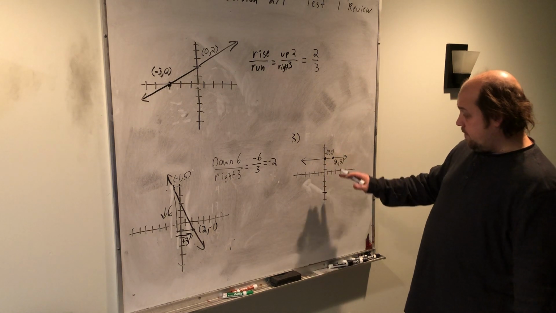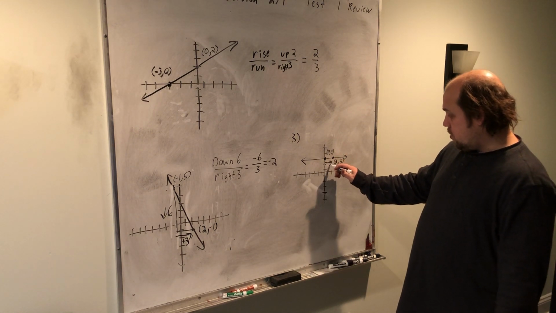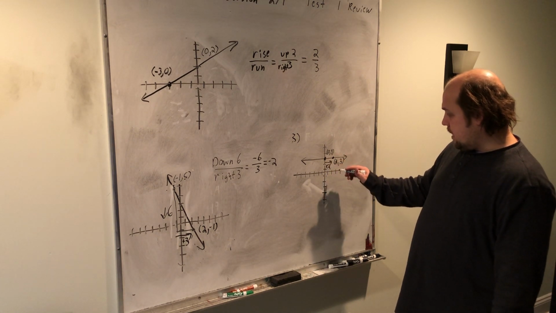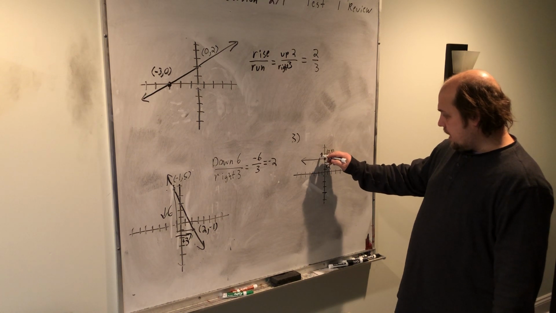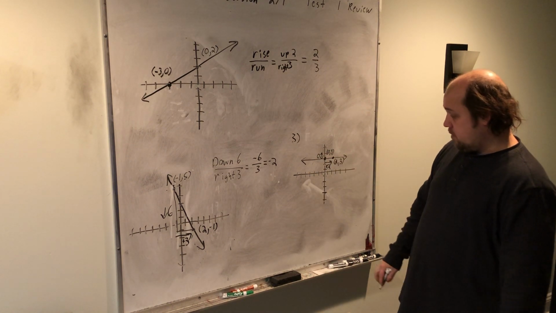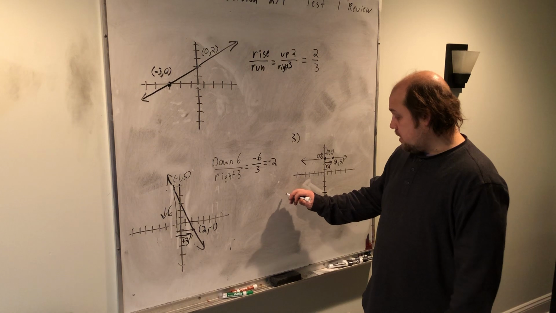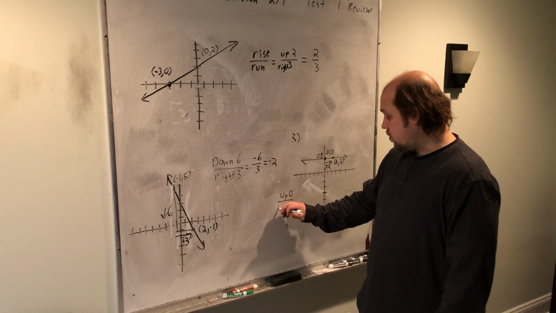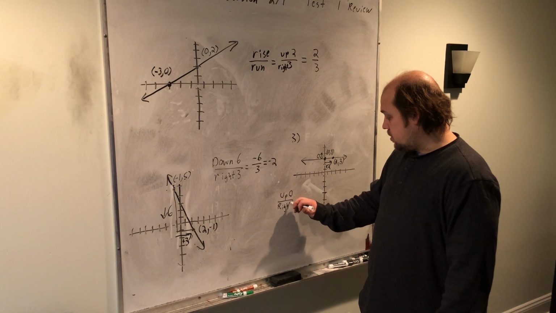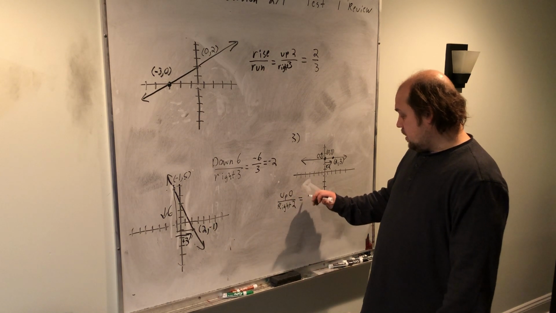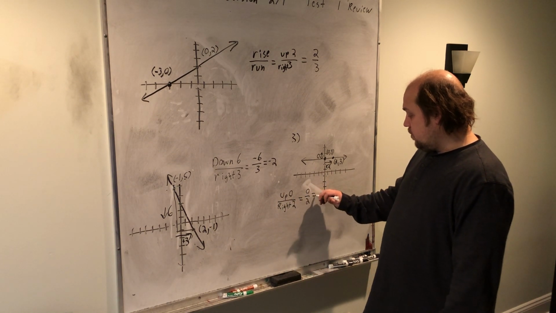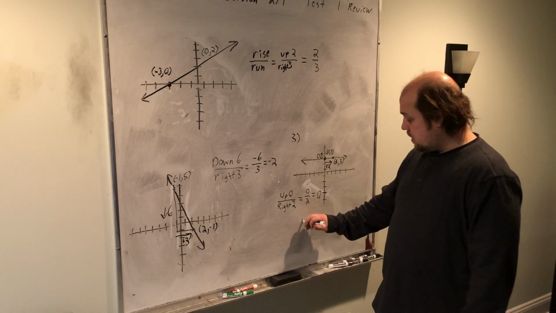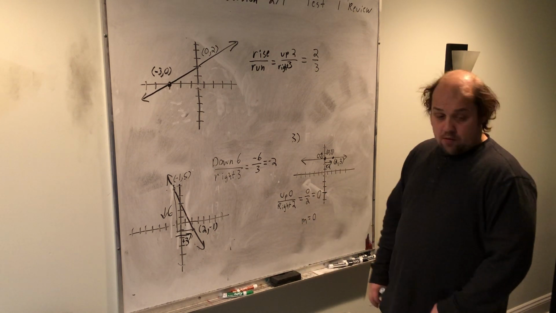So here as I move between them, I move right 2, and I don't move up or down any. Up or down 0. So as rise over run, I'll call it up 0 over right 2, that equals 0 over 2, which equals 0. Here the slope is 0.